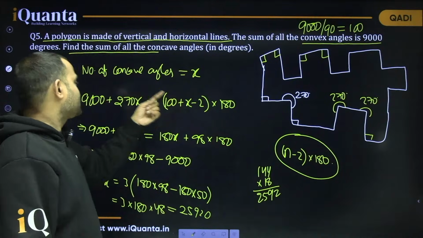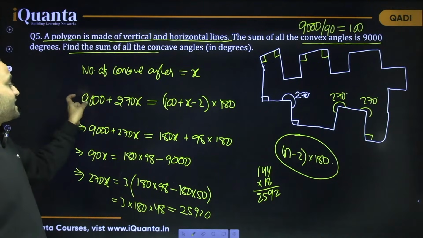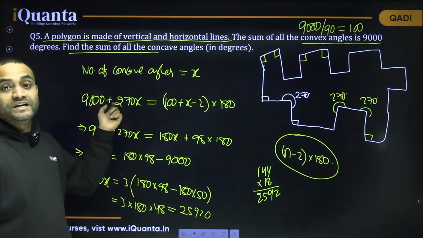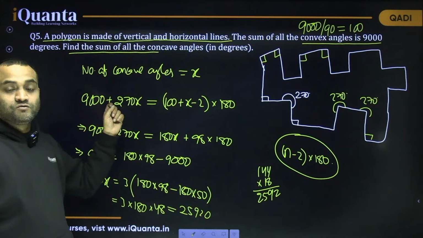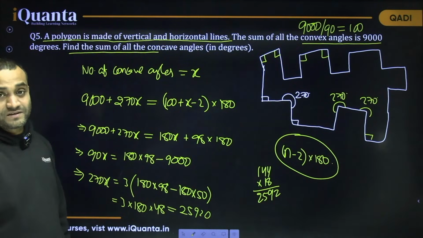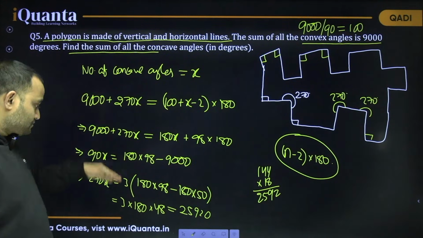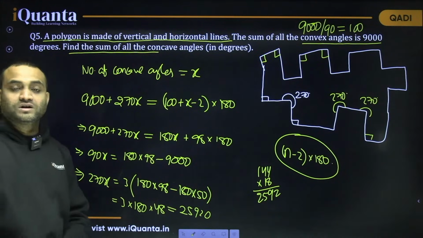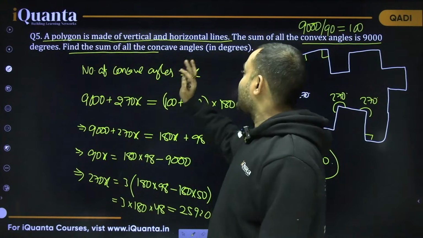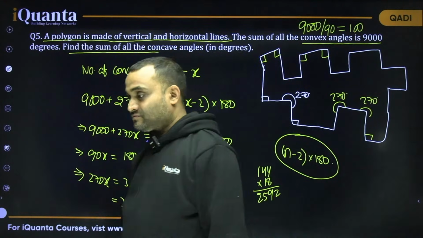In other words, the sum of all interior angles is 9,000 for all the 90 degree angles plus 270 into x for all the reflex angles, you can say, all the concave angles. So solving this, we got the value. We need to find 270x, right? The sum of all the concave angles.